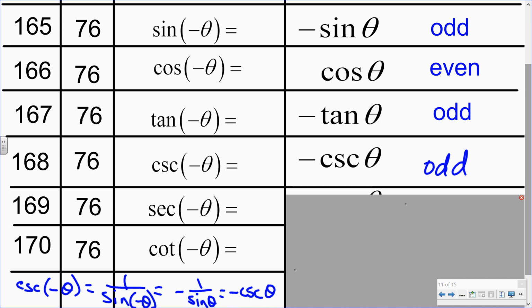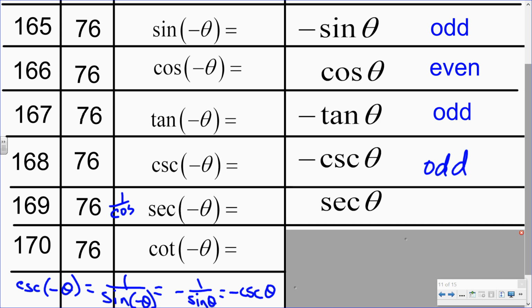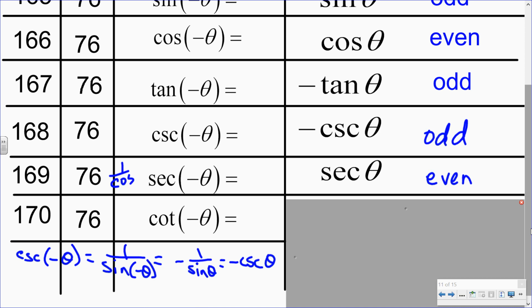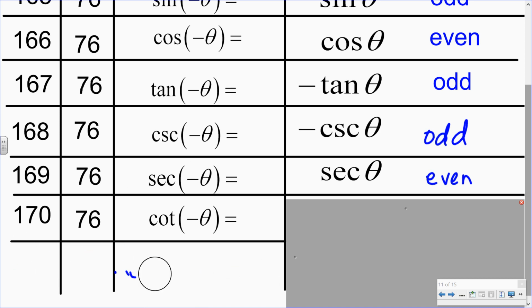For secant, I'm going to be doing 1 over the cosine. Do I need to put an extra minus sign in when I do 1 over the cosine? So that's going to just be equal to the secant of theta, which means that one is even. And finally, let's see, cotangent. I could do that cosine over sine, but that's going to be a lot of plus and minus signs to worry about.